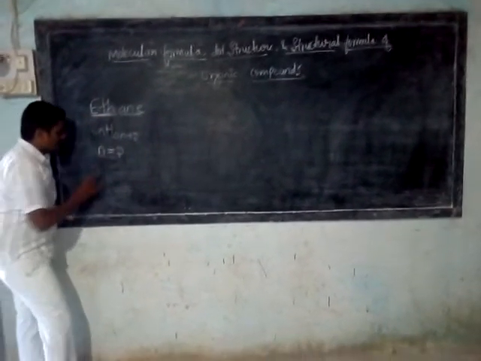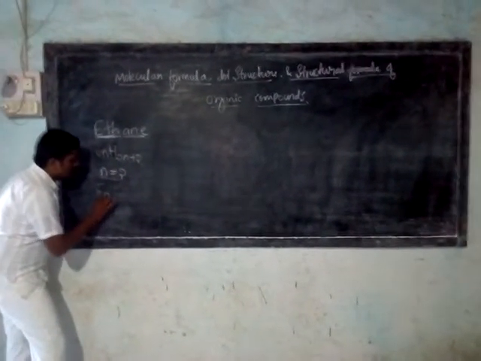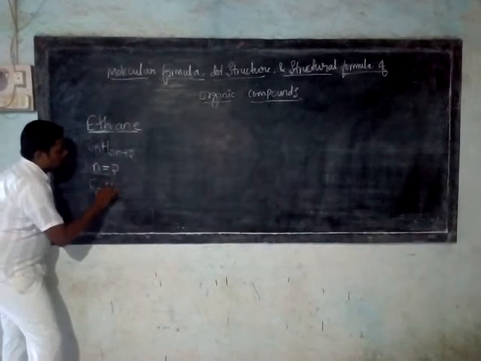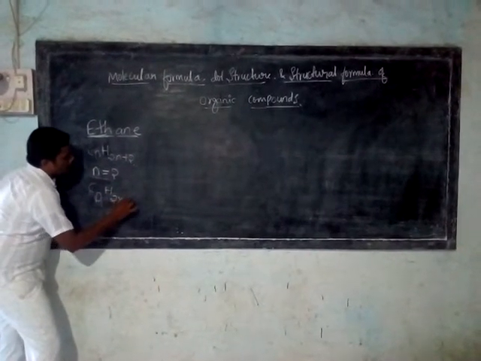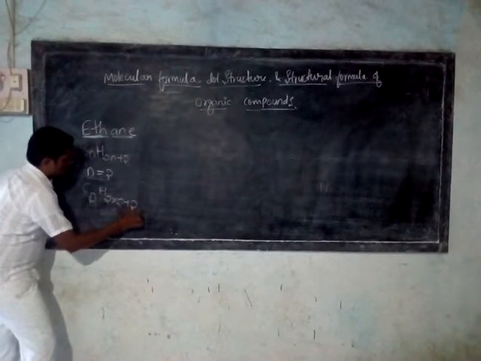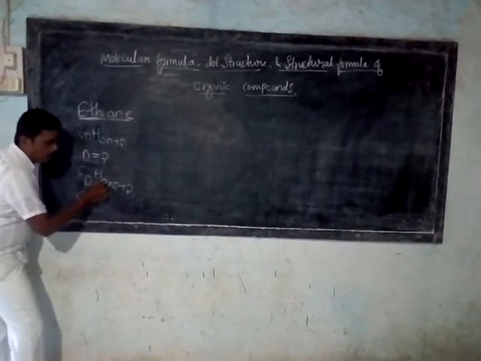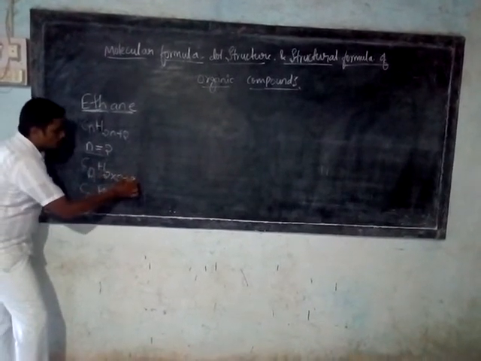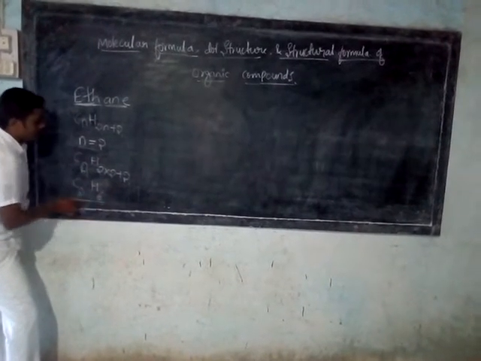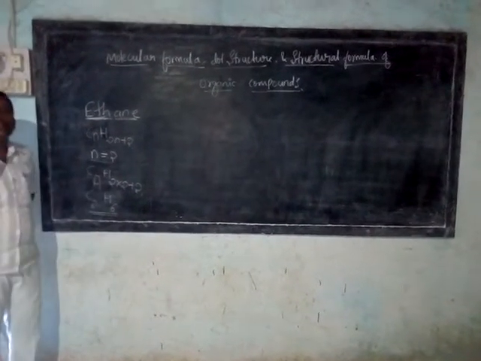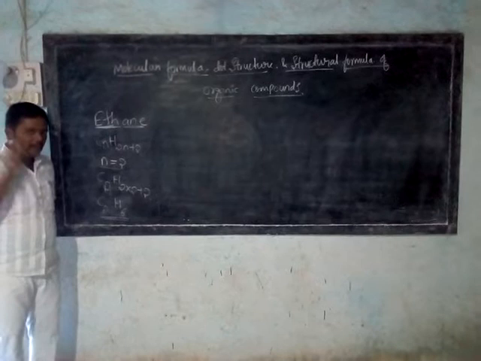Now you get the molecular formula C2H(2 into 2 plus 2). 2 twos are 4, 4 plus 2 is 6, so C2H6. This is the molecular formula of ethane.